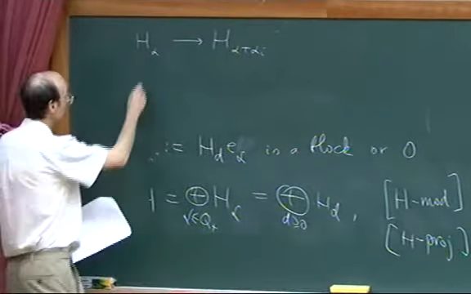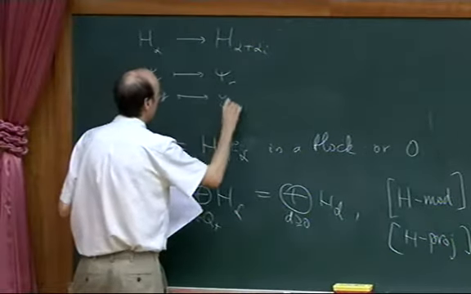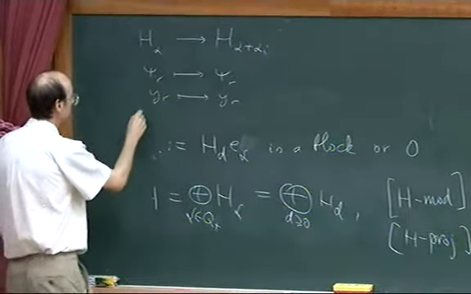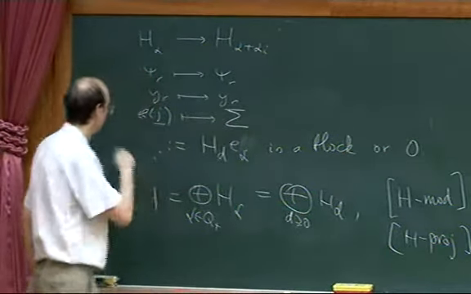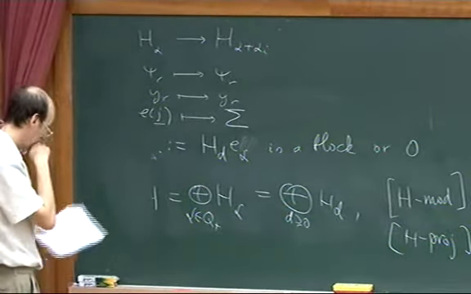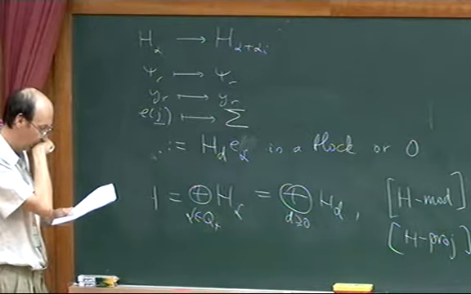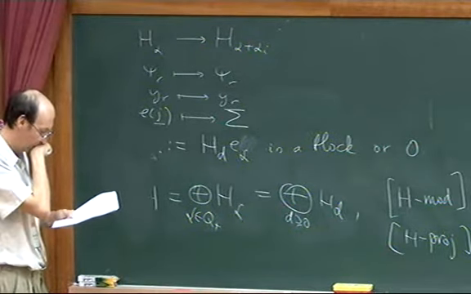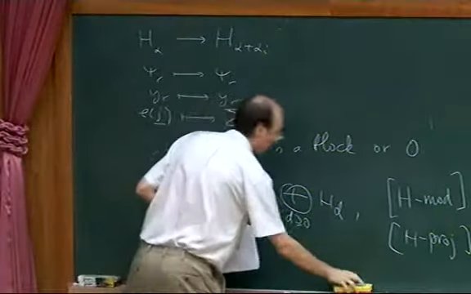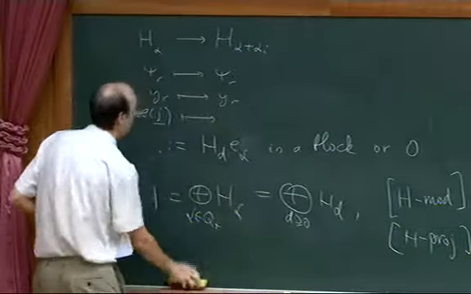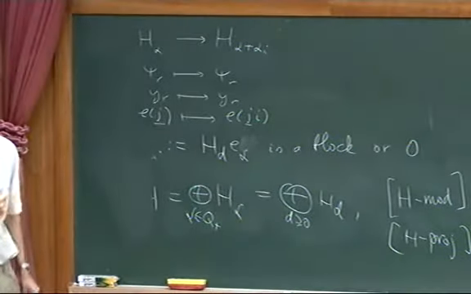What you do is you send psi to psi, y to y, and then the idempotent e(j) will just go to the idempotent e(j concatenated with i), adding i to the last position.